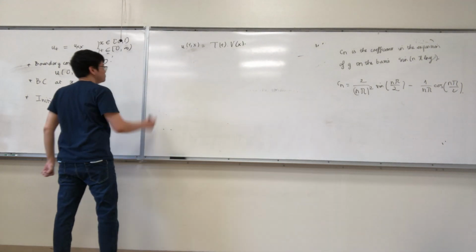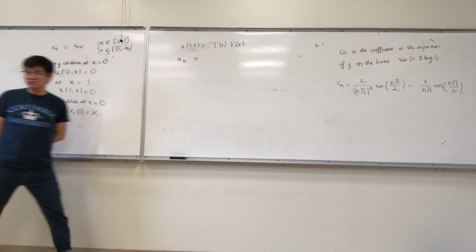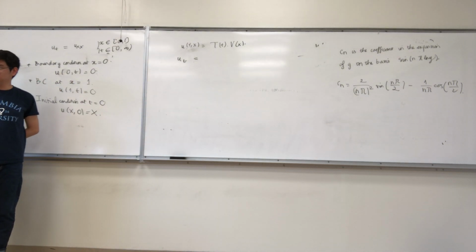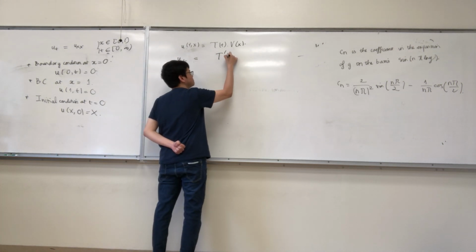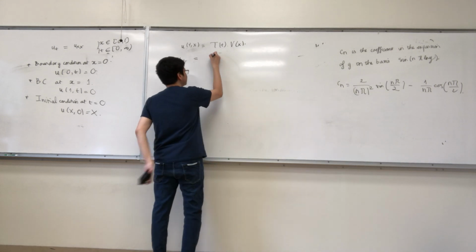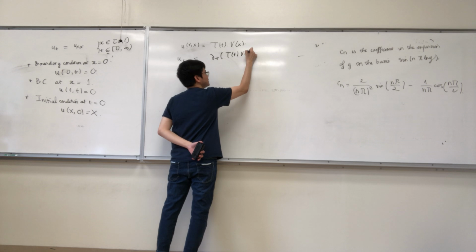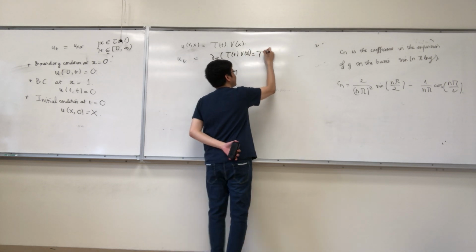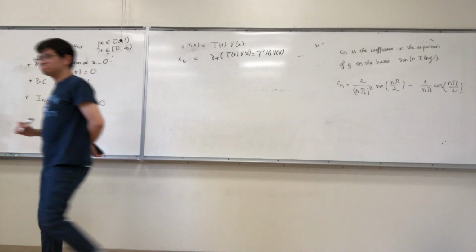So now what is u_t? u_t will be the derivative in time of this function, which gives you T prime. So u_t will be the derivative in time of T(t) times V(x), and this is T prime times V(x).